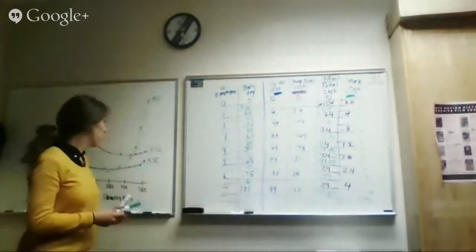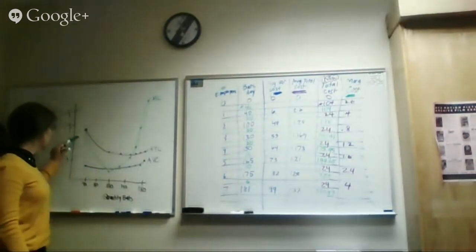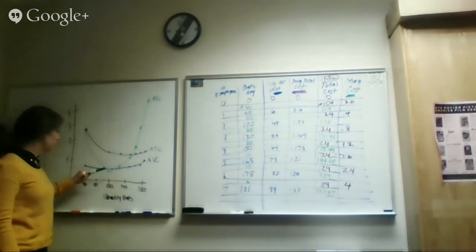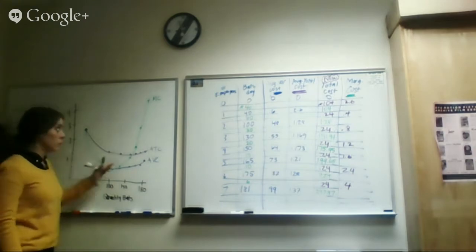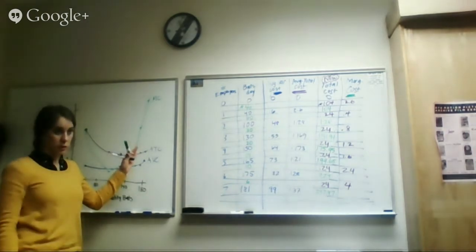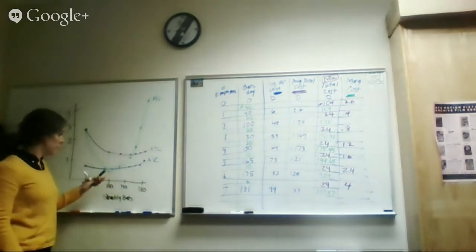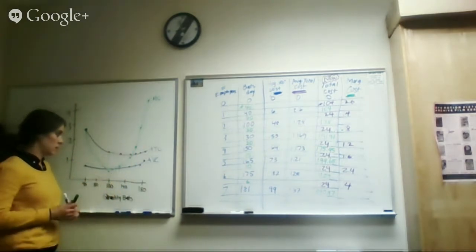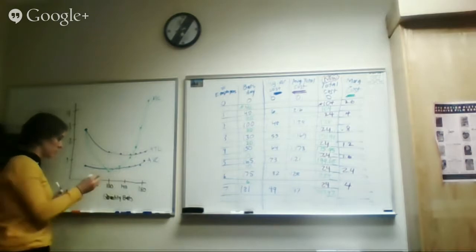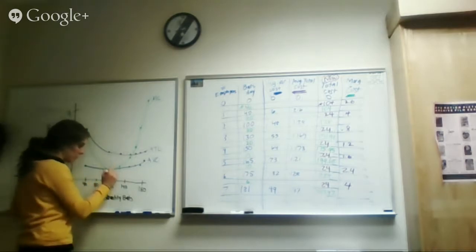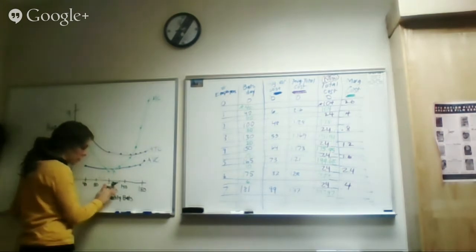So we want to find a place on our graph where that's true. So where is it the case that, on the upward sloping part of the marginal cost curve, you will be covering our average variable costs? It looks like it'll be about right there, which is maybe about 115 or 120.